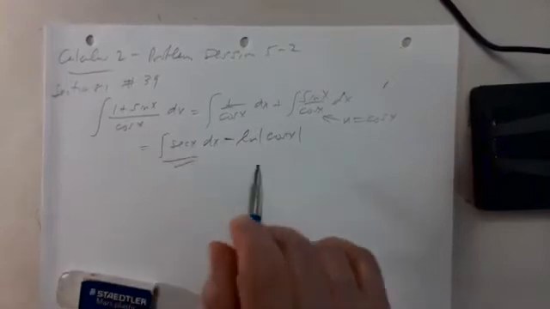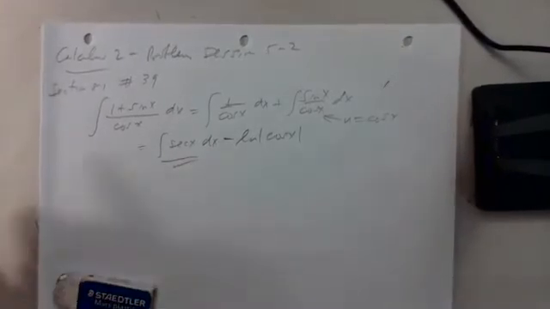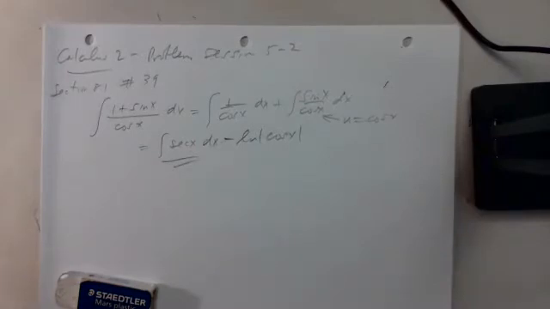And the integral of the secant is something that you can just find in the text or work out. I think the trick is you multiply secant by secant plus tangent over secant plus tangent, and this is a known integral.